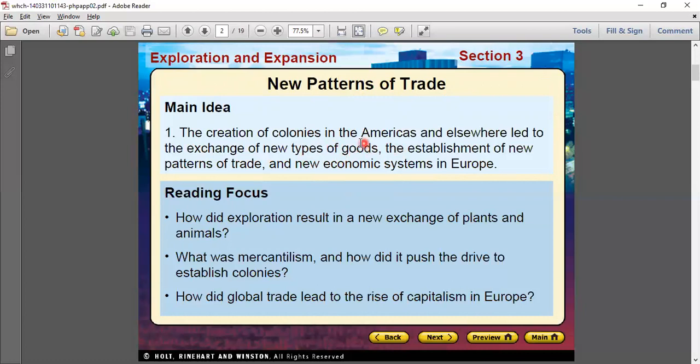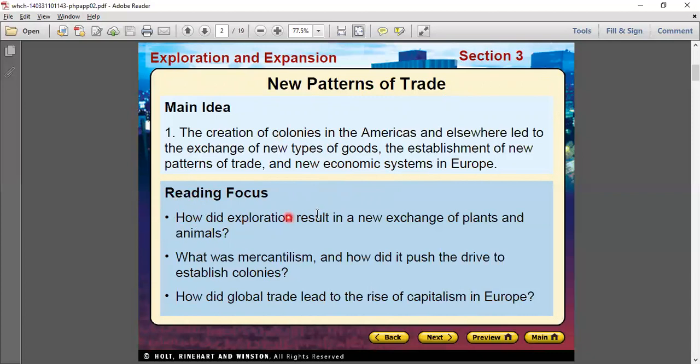We're going to get to know them: different kinds of foods and so on, even animals, the establishment of new patterns of trade, new ways of trade, and a new economic system in Europe. We're going to discuss some of these systems. By the end of the lesson, either next session or next week, we need to answer these questions clearly.